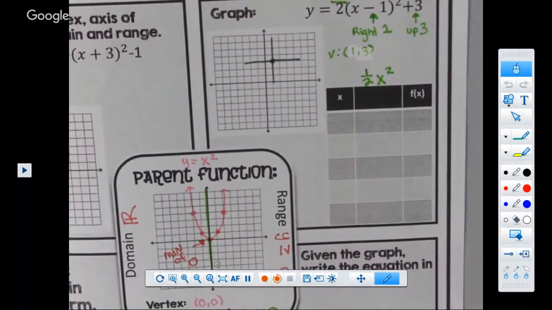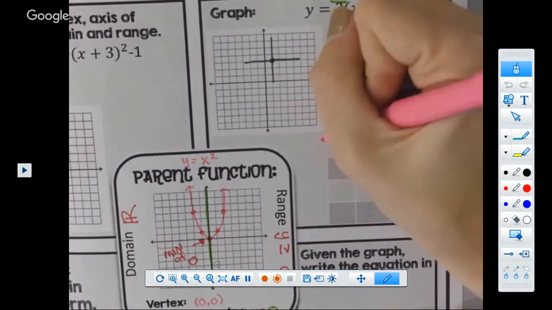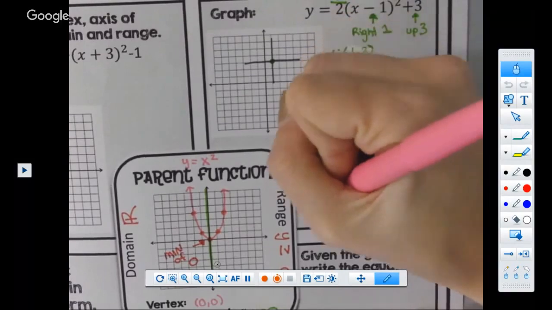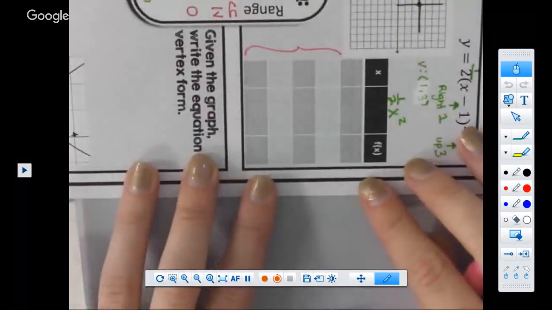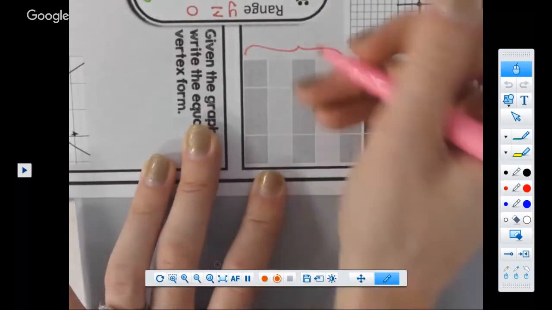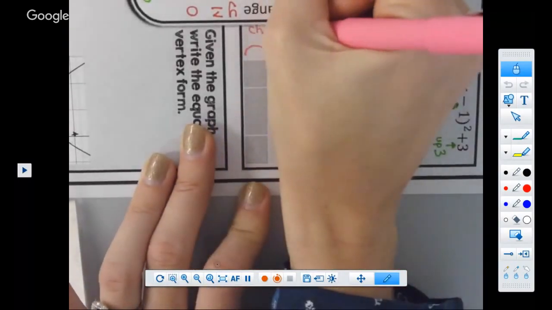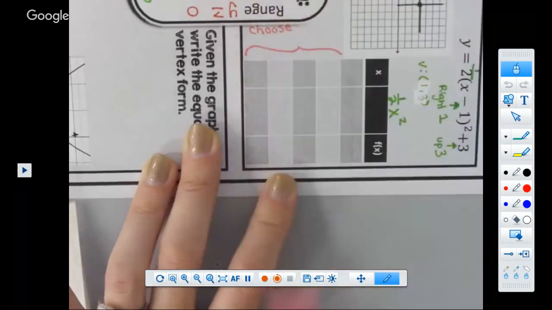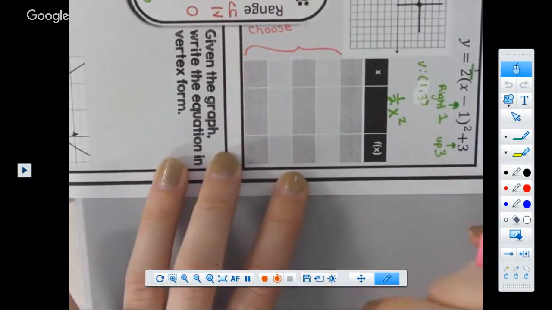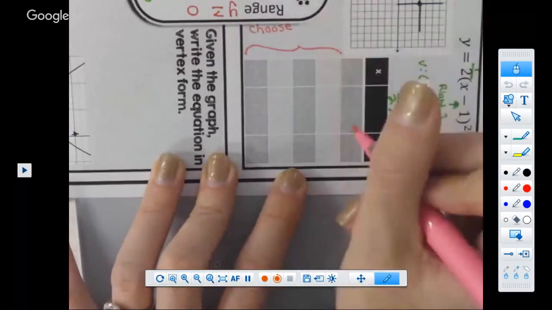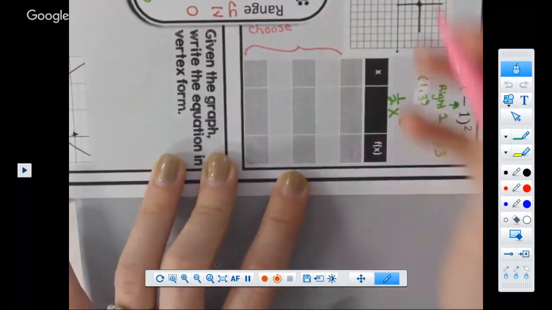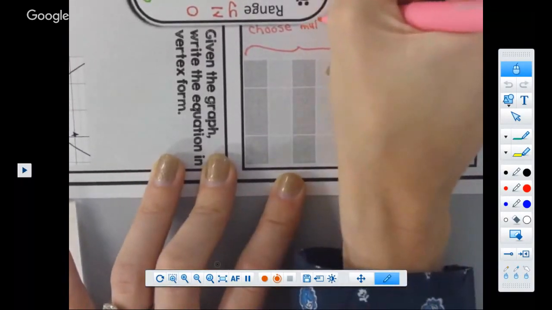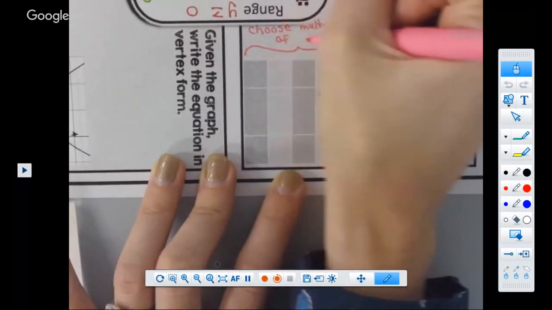Now, what do we do if there's a fraction? It's probably helpful to make a T-chart, but I want you to write something. If there's a fraction, instead of choosing 0, 1, and -1, choose multiples of the denominator.